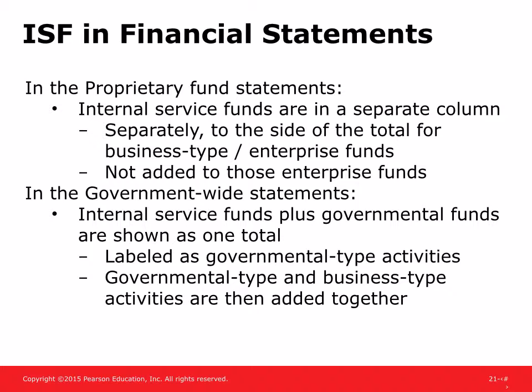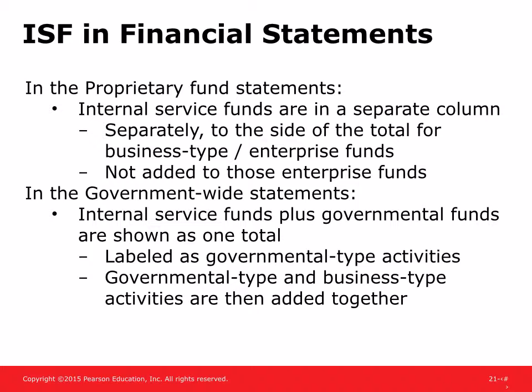So that's where you have the dual nature of them functioning similarly to the enterprise funds at the proprietary fund statement level, and then in the government-wide section they're grouped with the governmental activities, because remember at that level all of the accounting is accrual based, so at the government-wide level, we want to group those with the other governmental activities to show a total amount for governmental activities.